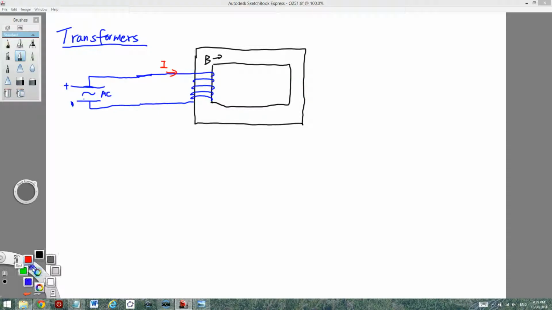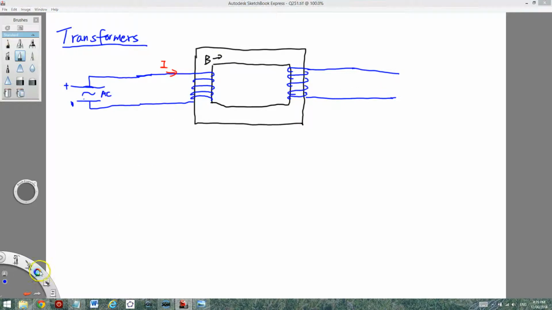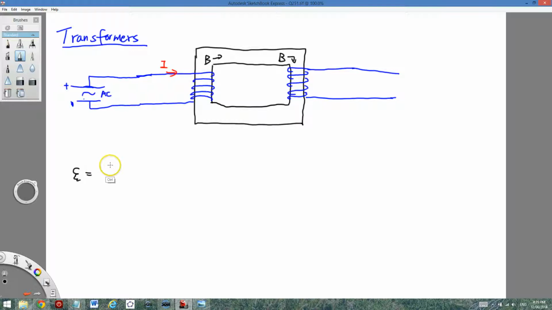So in this case, if I rotate some wires around the other side, what's going to happen is, since the strength of the magnetic field always changes, Faraday and Lenz tell me there is going to be an induced EMF.